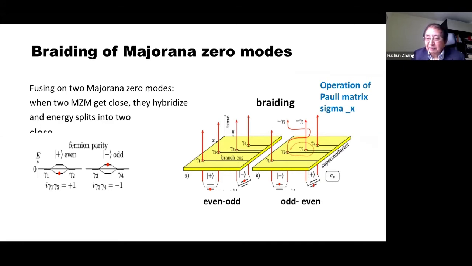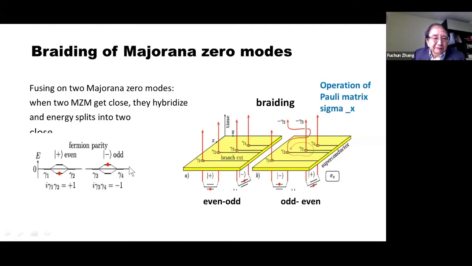For instance, a Majorana zero mode is usually half occupied, half empty because it's a zero mode. So when we say the Majorana zero mode plays a similar role as a non-abelian anyon, I mean in the braiding.